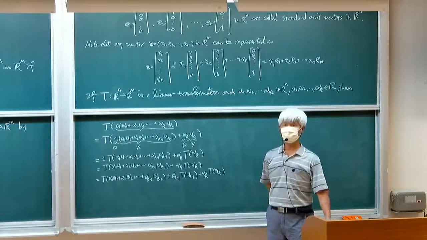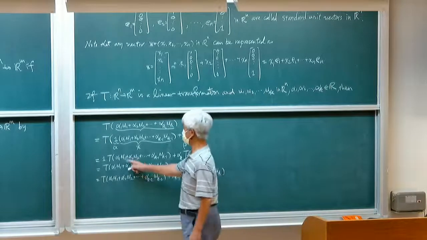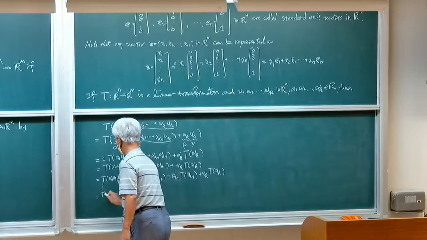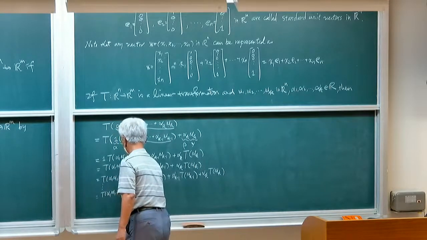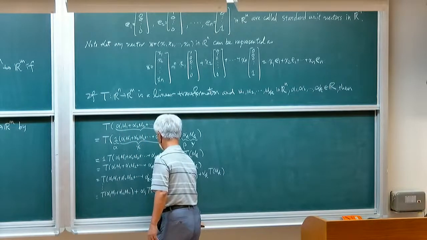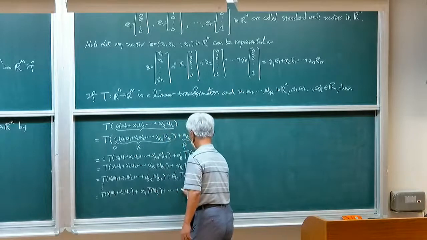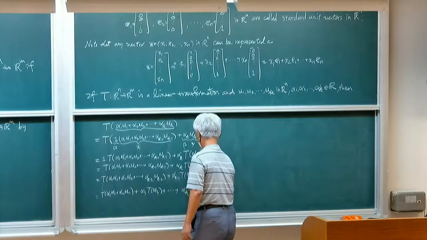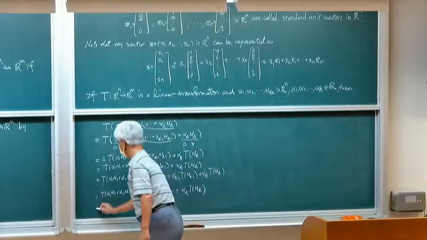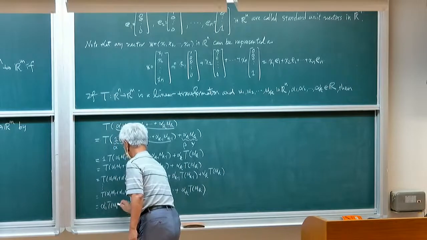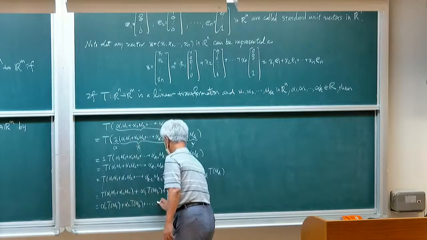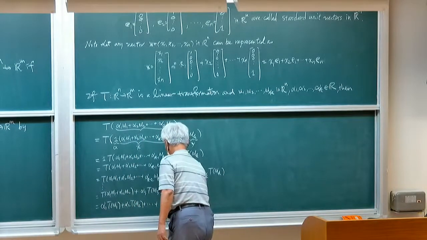And doing the same thing again many times, we will have alpha 1 u1 plus alpha 2 u2 plus alpha 3 T u3 plus ... plus alpha k T uk. And finally, this is alpha 1 T u1 plus alpha 2 T u2 plus ... plus alpha k T uk.